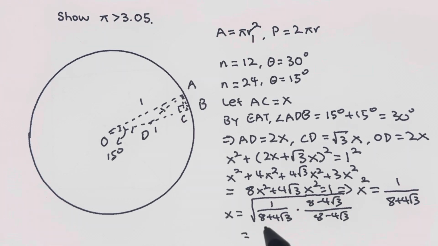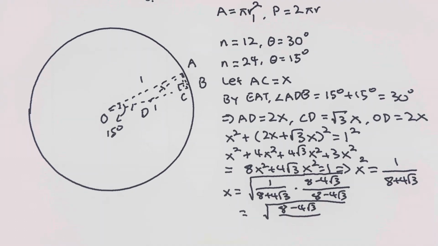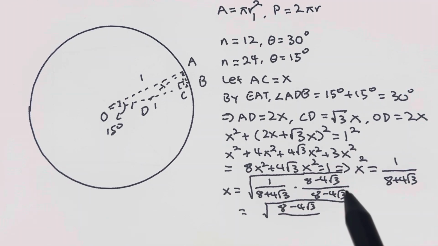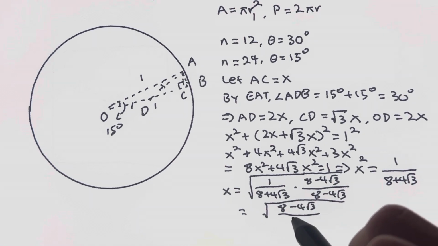So after simplification, this will equal 8 minus 4 root 3 over, by difference of squares formula, 8 squared minus (4 root 3) squared, which is 64 minus 48, that's 16.